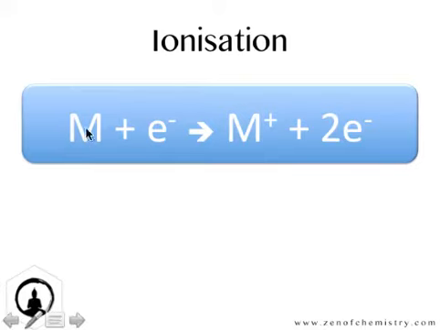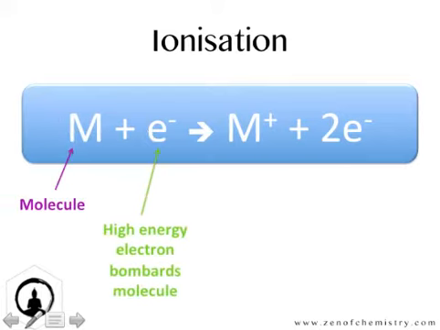So we've got our uncharged molecule here. It's being bombarded with high energy electrons. When those high energy electrons smash into our molecule, the incident electron that's being shot at our molecule is going to be ejected from the molecule, but it's also going to take another electron with it.